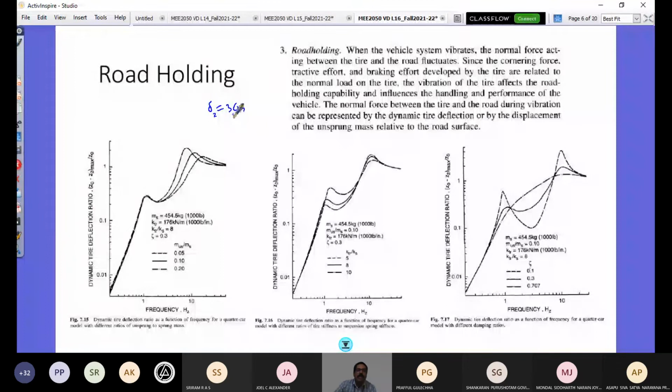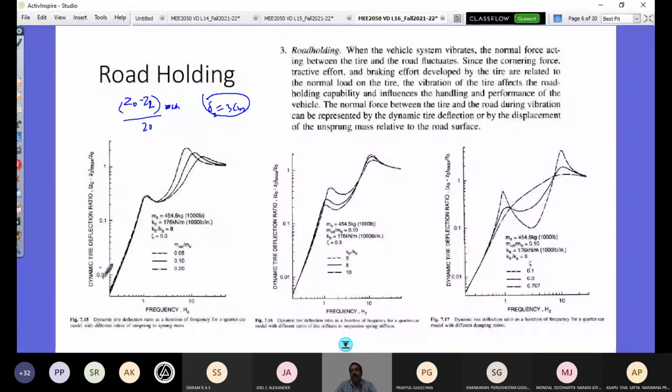This is described by Z0 minus Z1, Z0 minus Z2. So the relative displacement is what is going to dictate the tire deflection. The maximum possible tire deflection for a given Z0 is what is taken as the tire dynamic deflection ratio. The smaller the tire dynamic deflection ratio, the better the road holding.